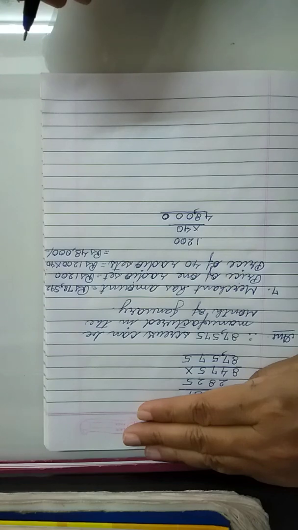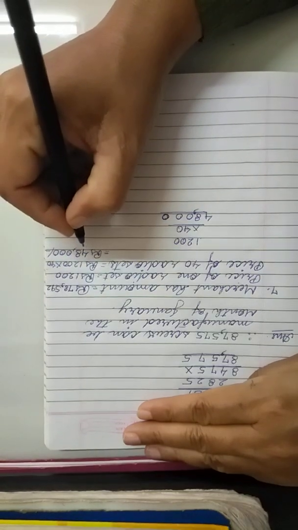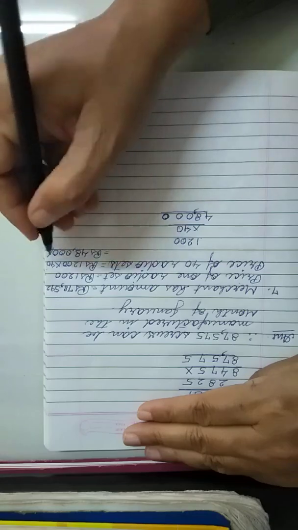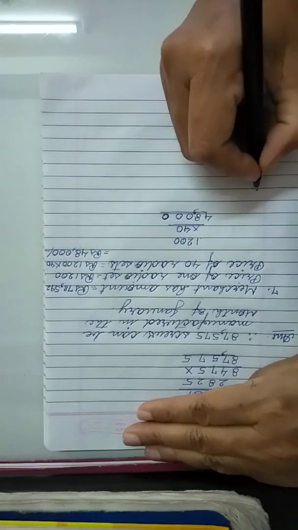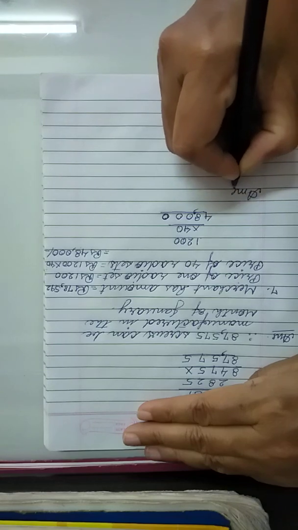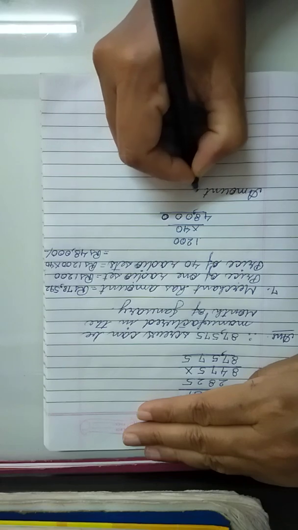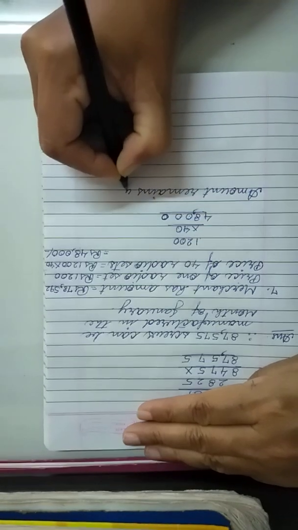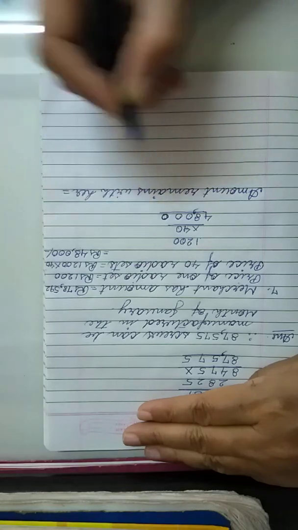Now we have to find out how much amount is left with her. So what we will do? We will subtract the amount spent to purchase radio sets from the amount she had. So amount remains with her is equal to.